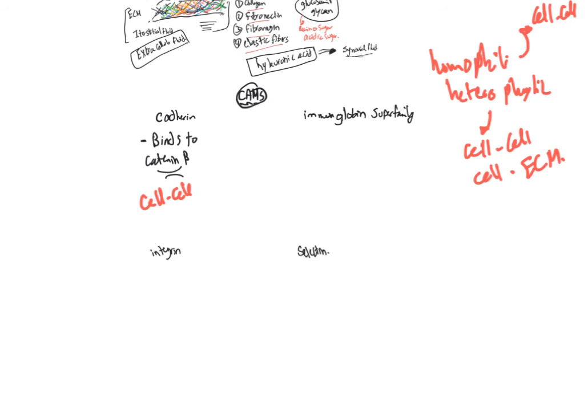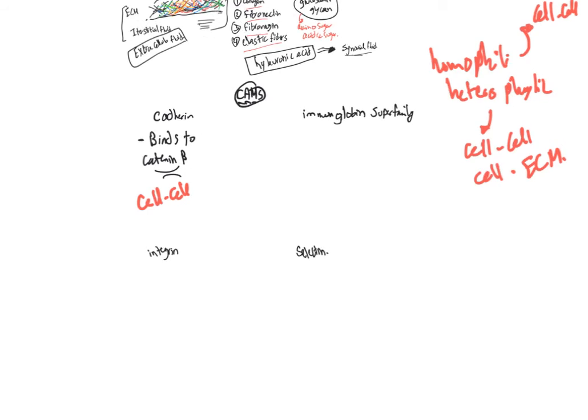Okay, and the difference between them is that a CAM, which is cell adhesion molecule, will bind to the same type of it for the homophilic, but heterophilic will bind to another type of cell adhesion molecule. Okay, so this is the main difference between them.